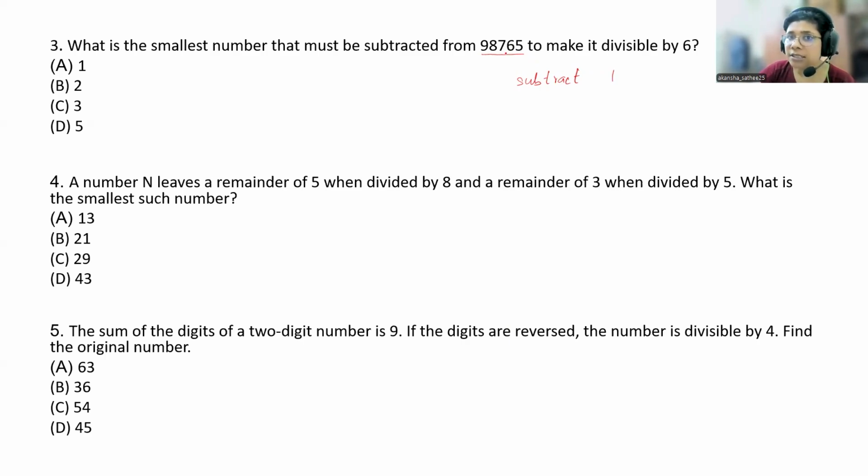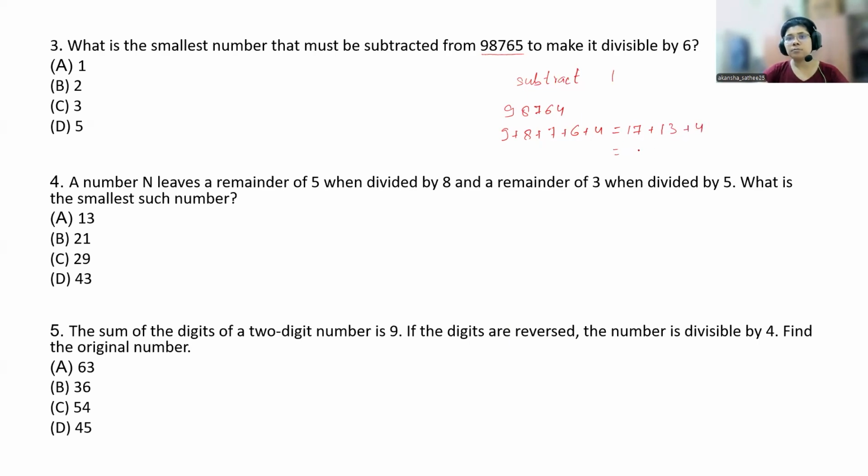How will you check the resulting number is divisible by 3? Sum of the digits: if the sum of the digits is divisible by 3. So if I subtract 1, what will I get? 9, 8, 7, 6, 4. So 9 plus 8 plus 7 plus 6 plus 4. What is the sum? 9 plus 8 is 17. 7 plus 6 is 13, plus 4.